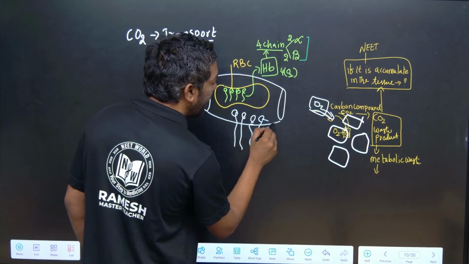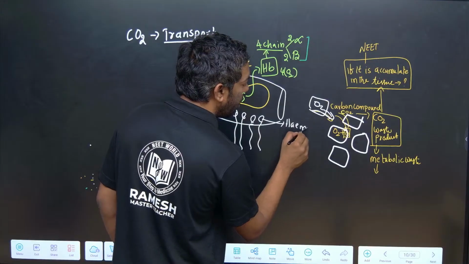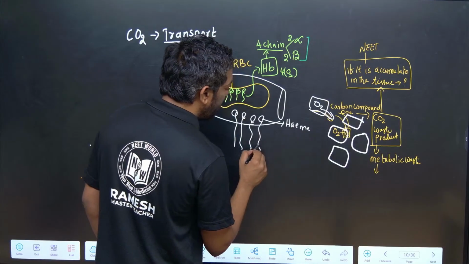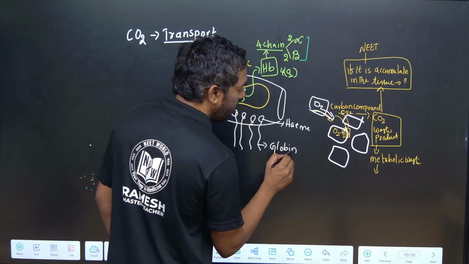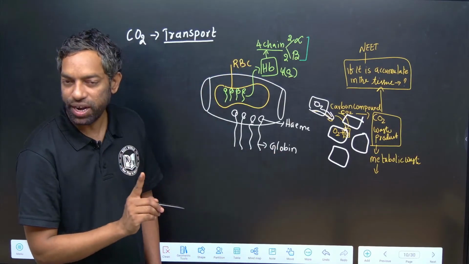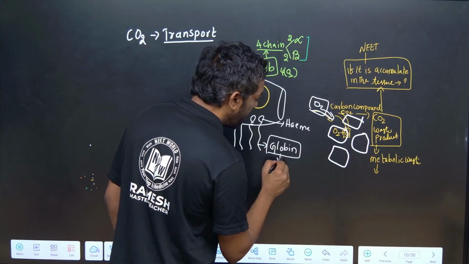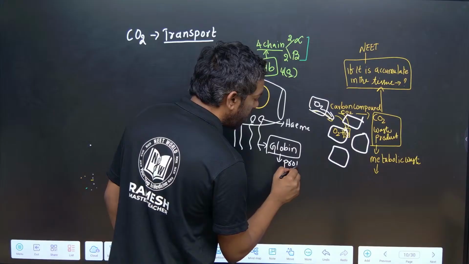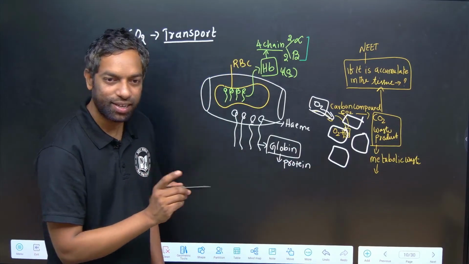Head part heme, tail part globin chain. Globin is the protein. Protein is nothing but amino acids. Okay.